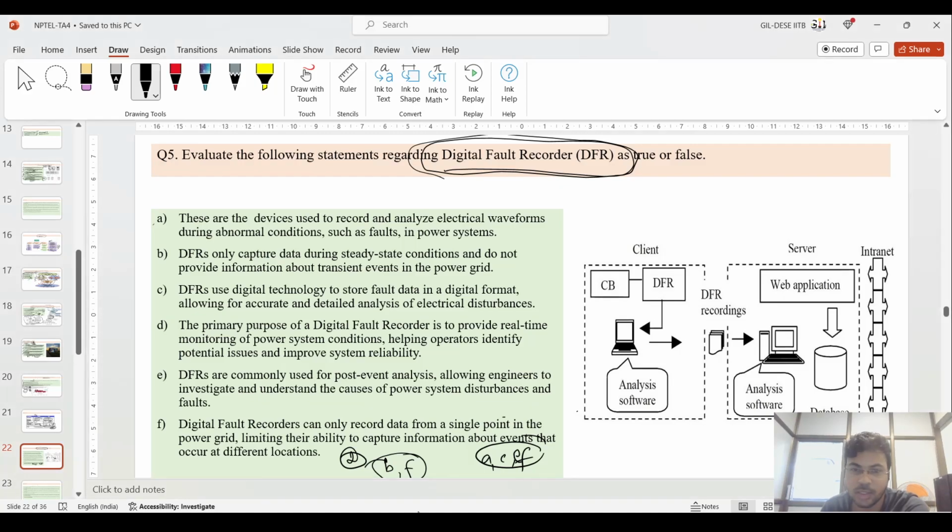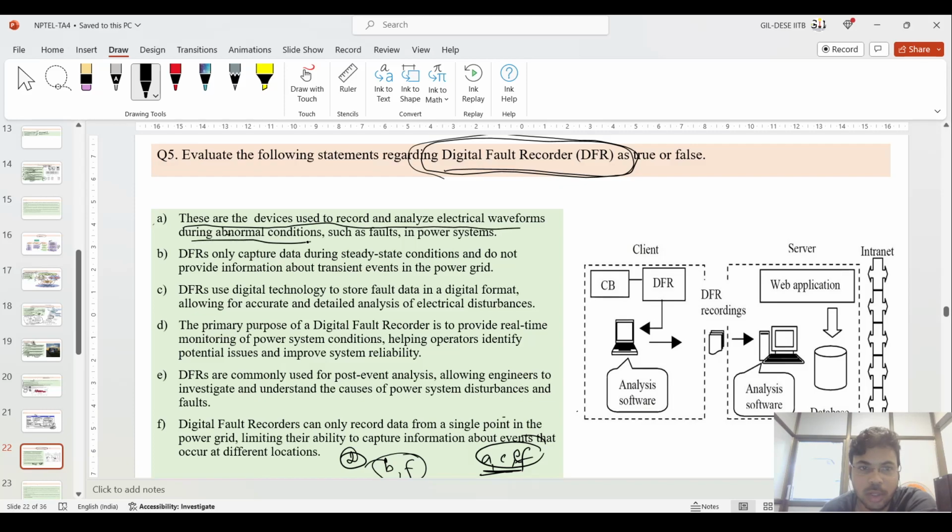When two options are there, two persons are there. Ritika is saying ACE is true. Anybody else? Last 10 seconds. Okay, let's jump to the answer part.